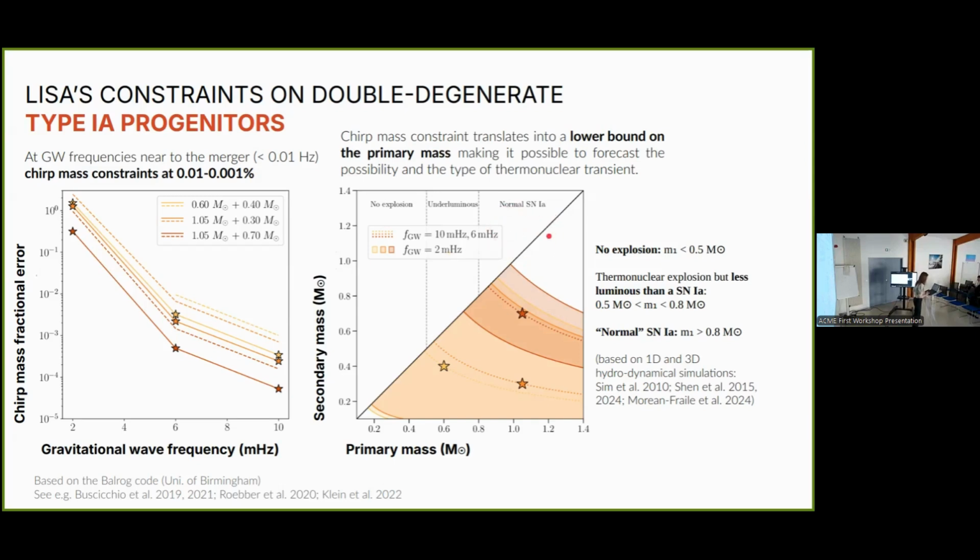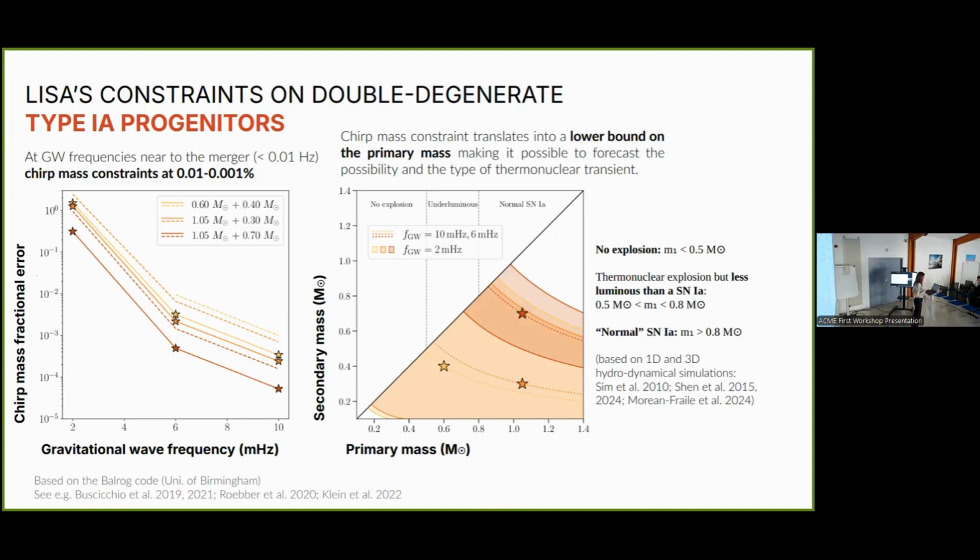And if the primary is above 0.8 solar masses, that results in a type 1a supernova. So what this means is that from the LISA data, we will be able to put a flag on which of these binaries will eventually detonate and produce a thermonuclear transient or type 1a supernova, which I think is really cool.